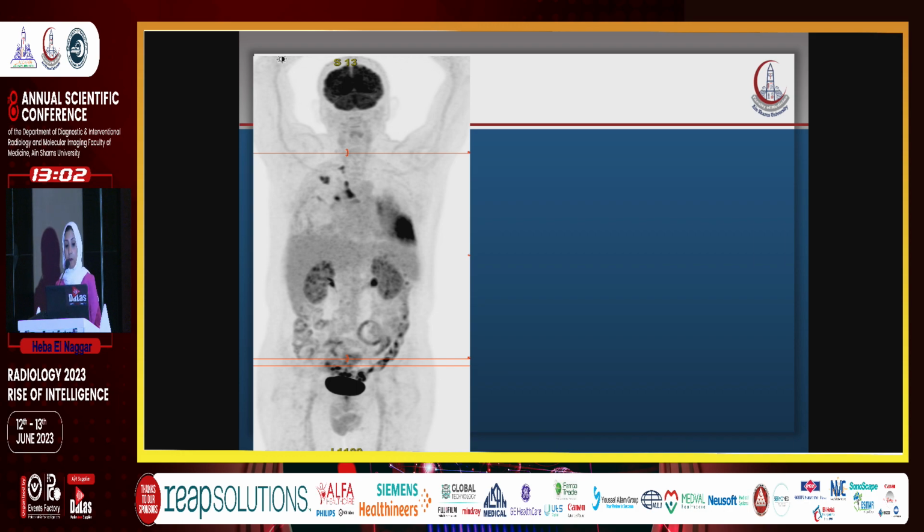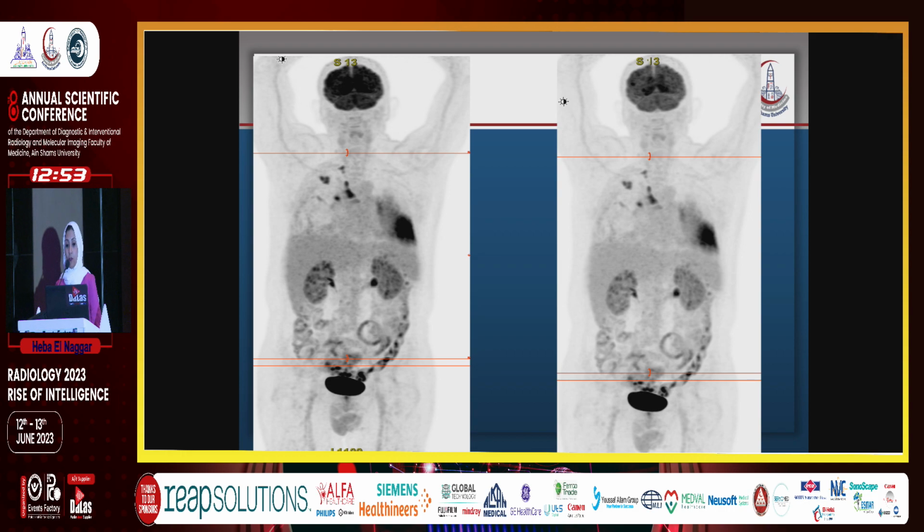As you can see from the MIP image, we can see only the right lung pathology and the left chest wall FDG avid lesion. But when we lowered again and reduced the metabolic activity of the brain, a very small focus of increased uptake appeared in the right parietal region.